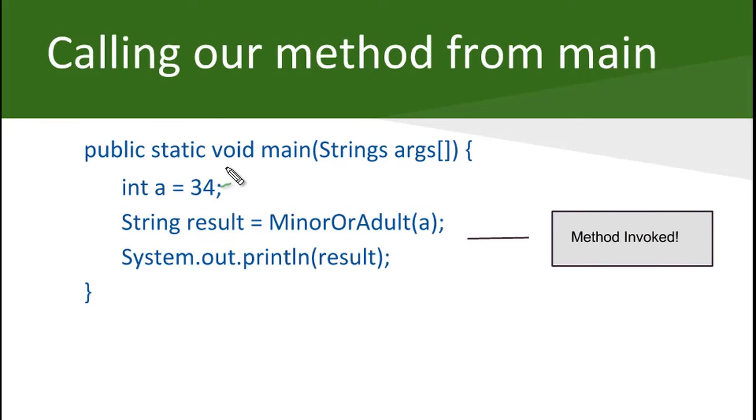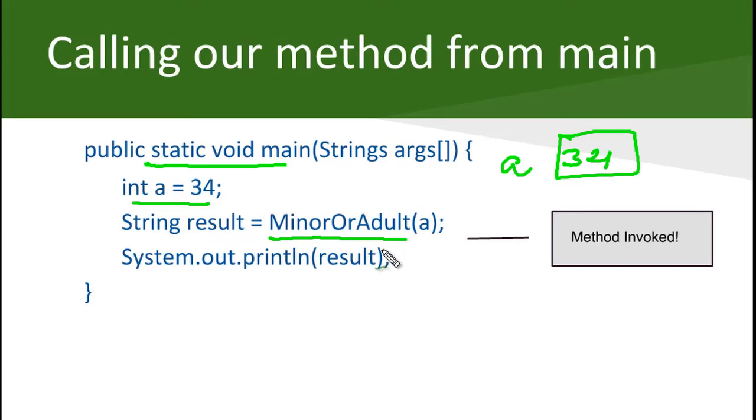Now this is the part where things start to get interesting. This is our main method. We defined a variable a with the value 34. It's an integer. Now we are calling the method minor or adult, and we are passing the value a.